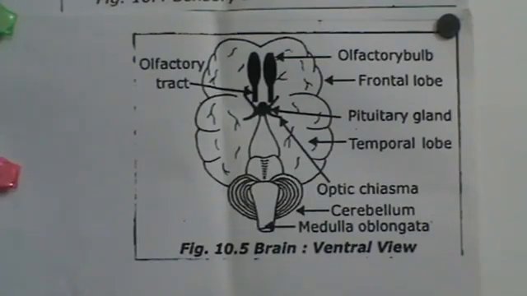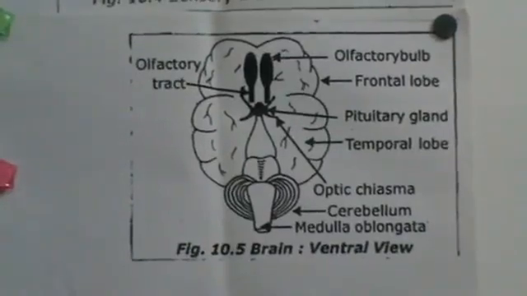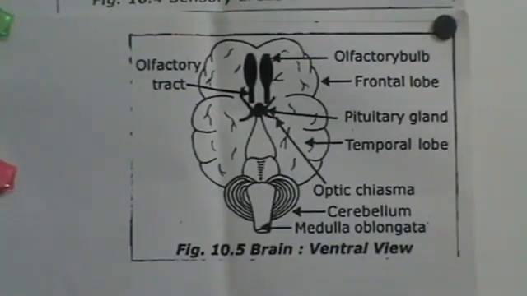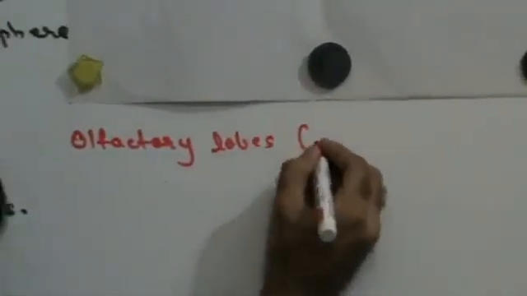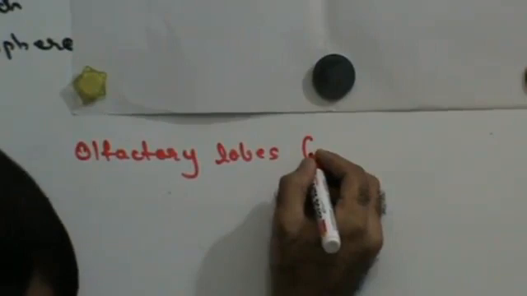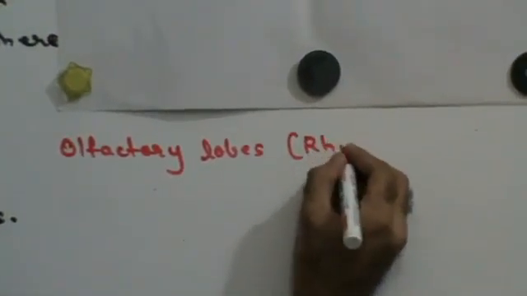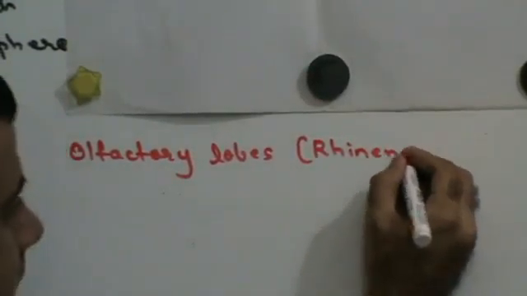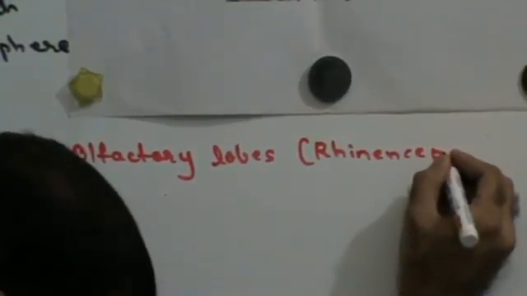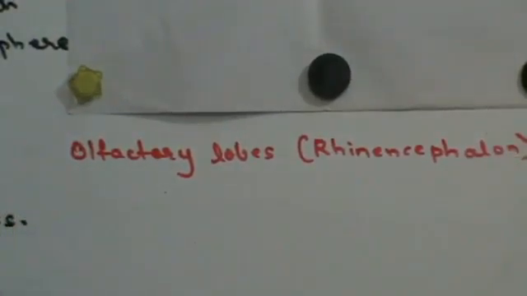Let's continue with this. We did functions of cerebrum. Then we can say that the olfactory lobes, which are also called the Rhinencephalon, right?